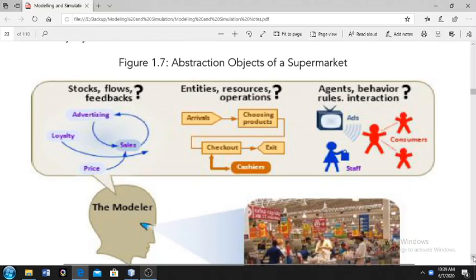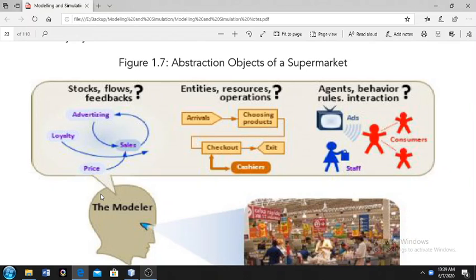Now, what happens in your head as a model? These three methods use different approaches. Agent-based will use different agents. Discrete event will use generally a flowchart to depict the process, and system dynamics is going to use stocks and flows.